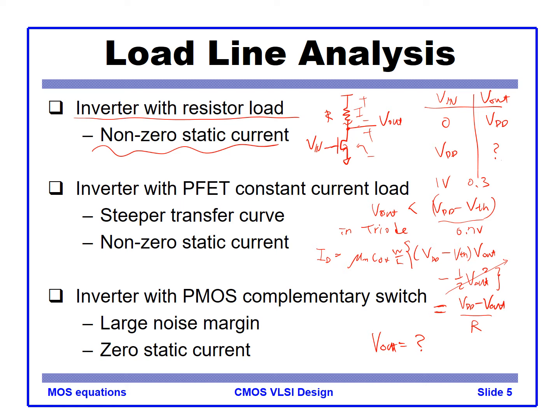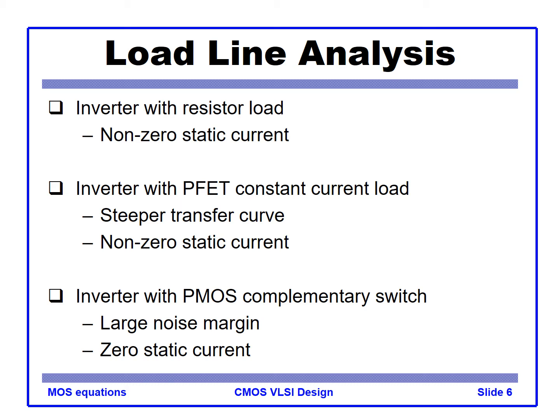So for the inverter, I told you that we always deal with ID equal to half mu n COX W over L (VGS minus VTH) squared in saturation. Those parameters mu n COX W over L are quite difficult to calculate or extract from the device model file.